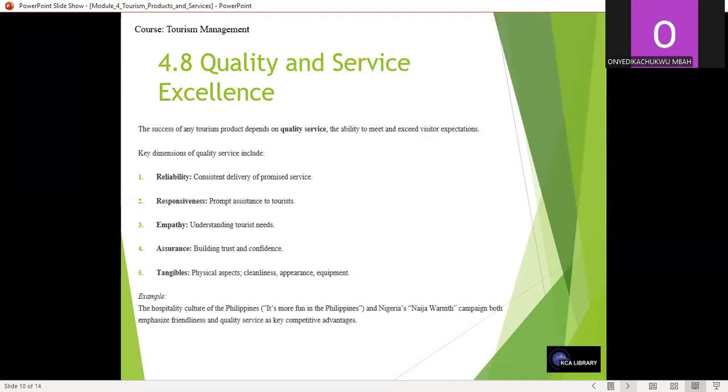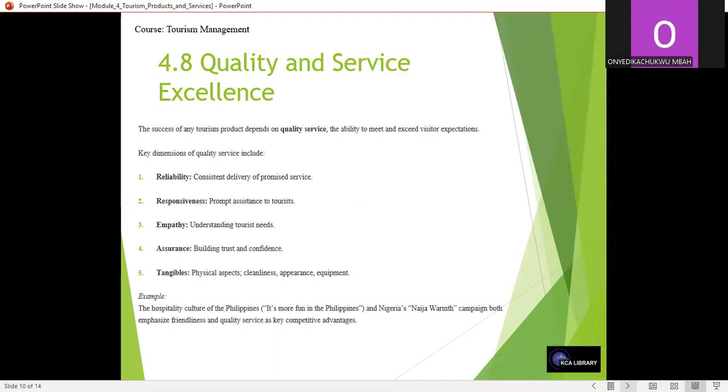So in this next slide, we're talking about quality and service excellence. The success of any tourism product depends on quality services, the ability to meet and exceed visitors' expectations.